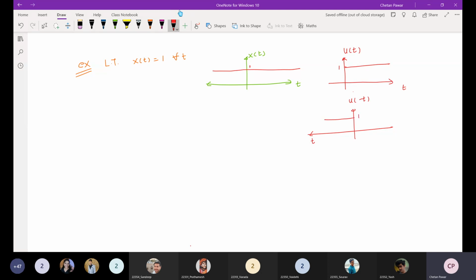So I can represent x of t as u of t plus u of minus t.